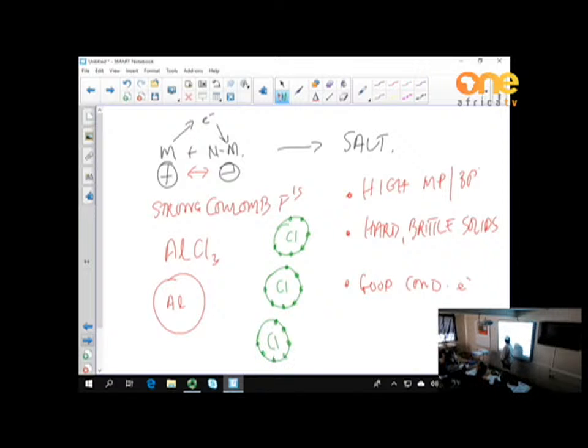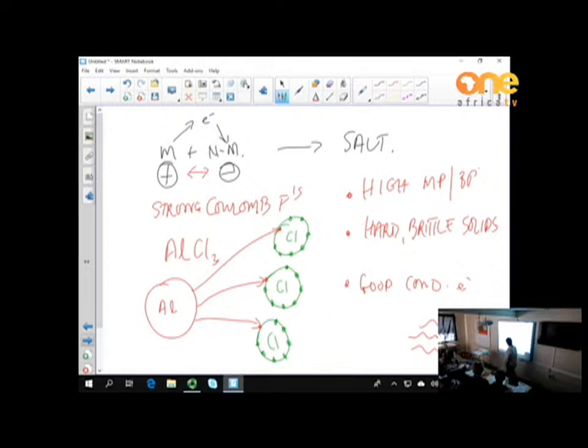Okay, now, aluminium has got 1, 2, 3. Okay, so what is going to happen is you must show that aluminium is going to lose its electrons to the chlorine.